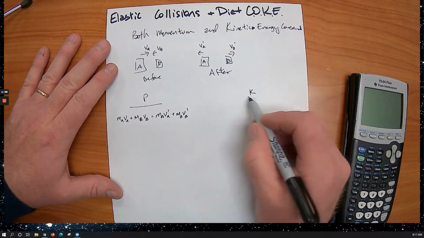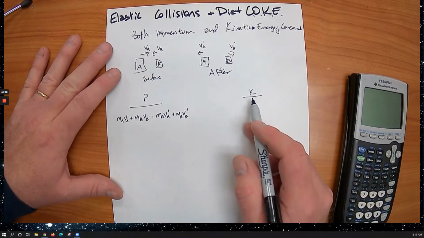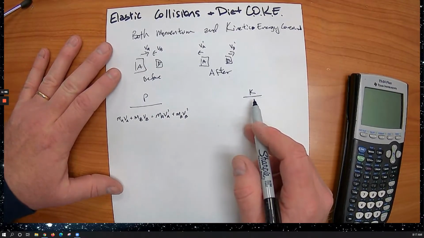And kinetic energy, if the collision is elastic, then kinetic energy is also conserved. Kinetic energy, we remember, is 1/2 mv squared.